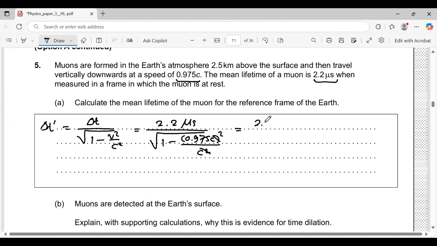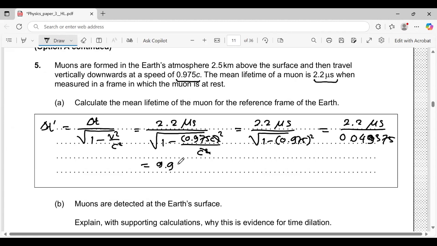So it is 2.2 microseconds over the square root of 1 minus 0.975 squared, which is 2.2 over 0.049375 under the root. If you calculate, the result is 9.91 microseconds.